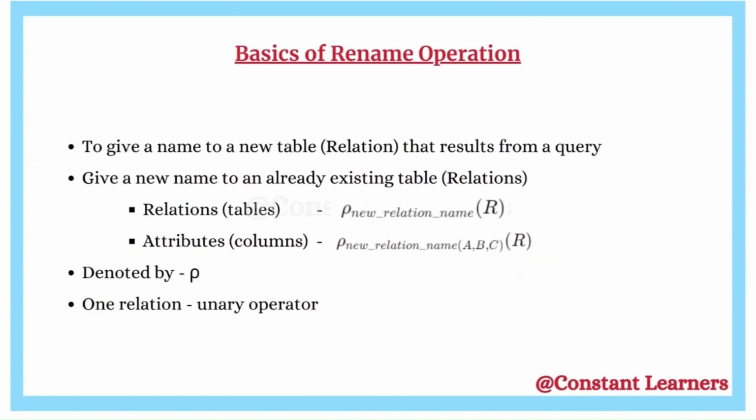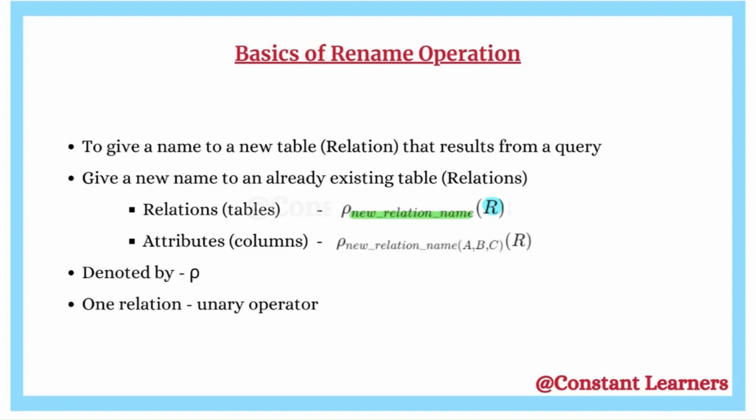When we have to change the name of a relation, we start with rho, then we give the new relation name, whatever we need to change the name of the table to. And here in the bracket, we write the old table's name. So this one is the old name of our table and this one here is the new name of the table.